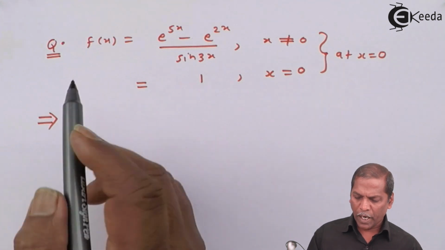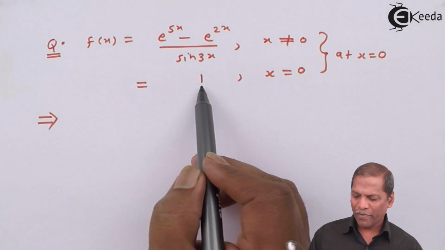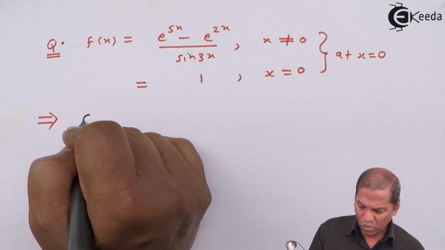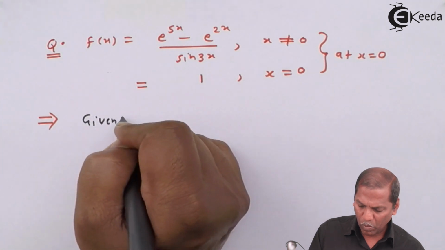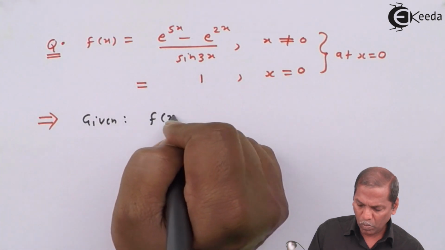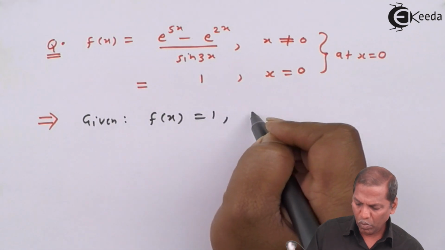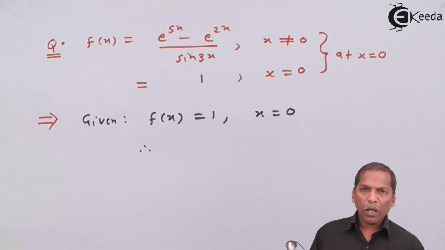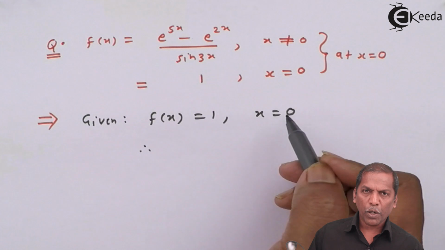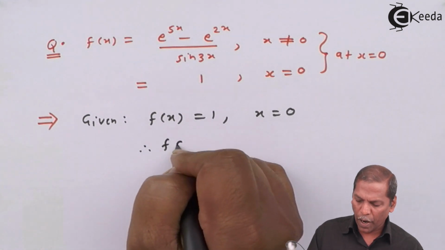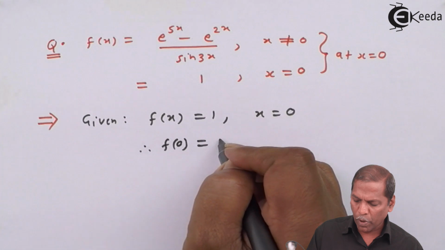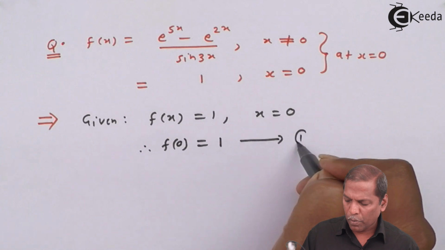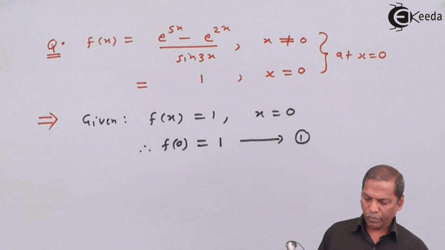First of all, we write f(x) is equal to 1 at x equal to 0. This means now for x we put 0, so that gives f(0) is equal to 1. Let us denote this as equation 1.